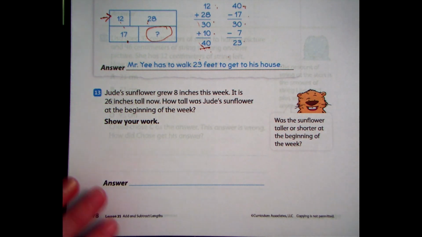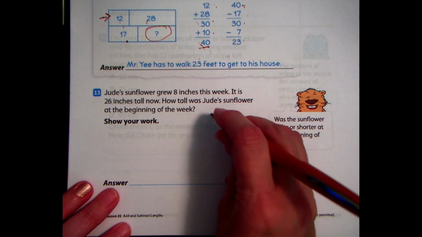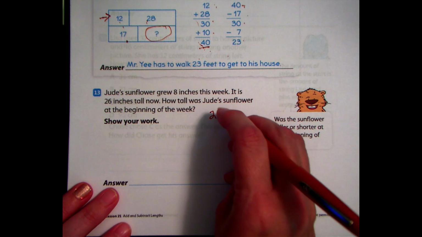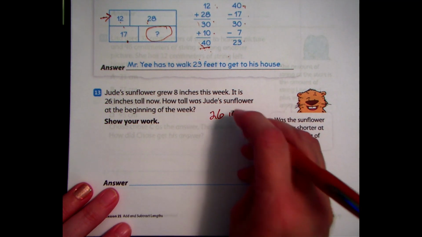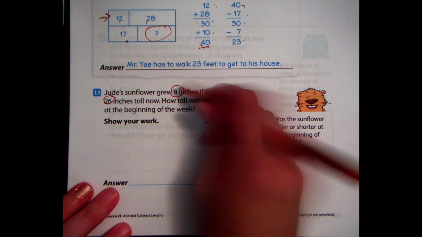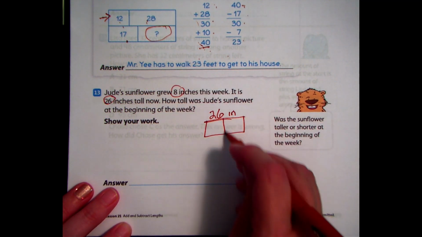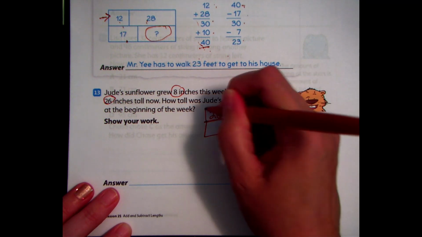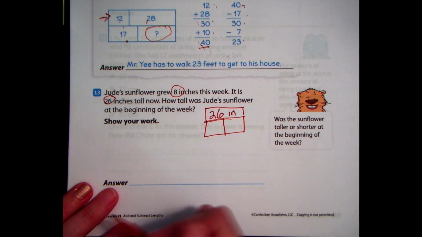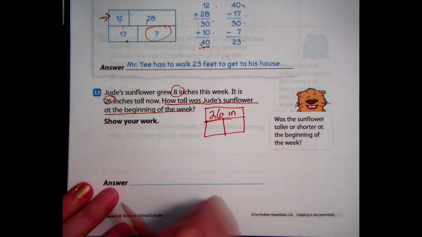Alright, so I know if I want to do the bar model that his sunflower is a total of 26 inches tall. Okay? We have 26 and 8. So it's 26 inches tall now. That is the total length. I want to know how tall was Jude's sunflower at the beginning of the week.